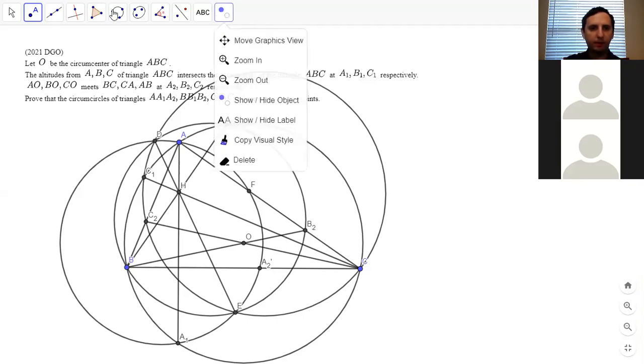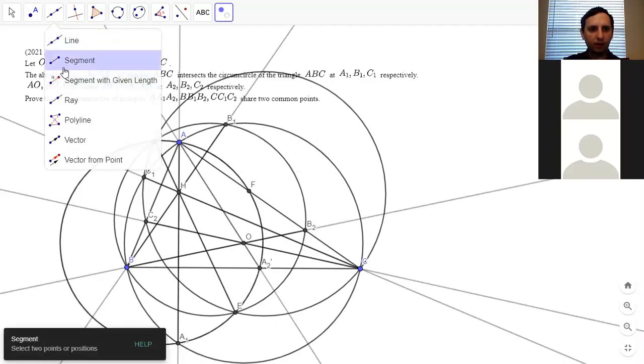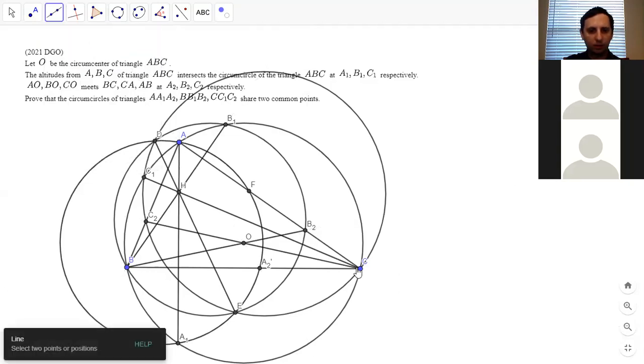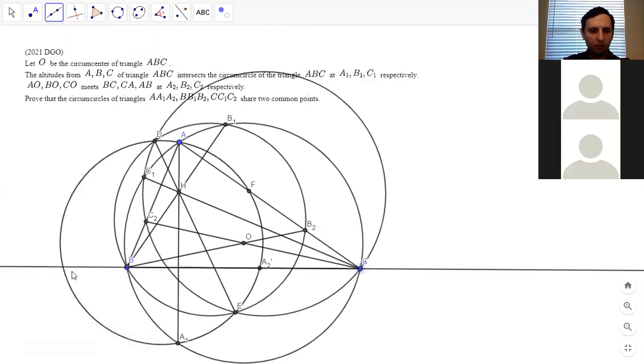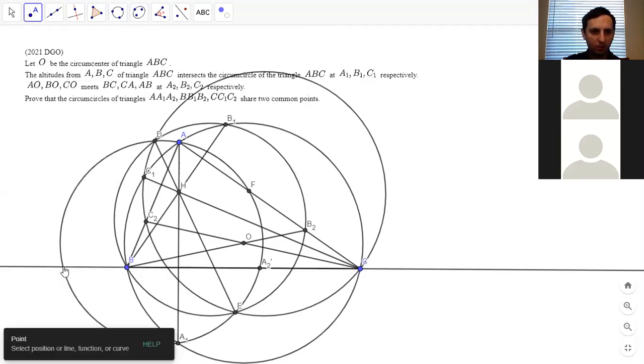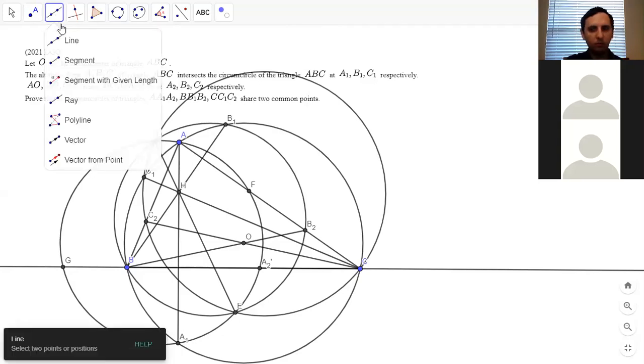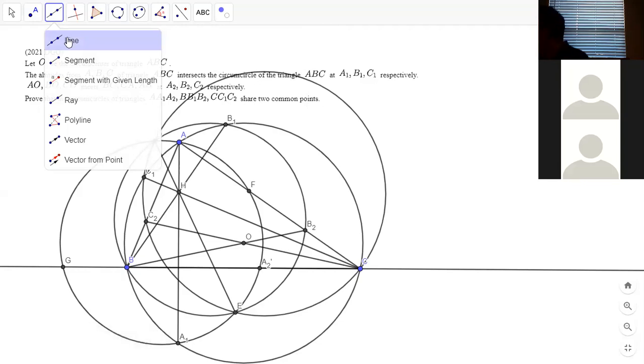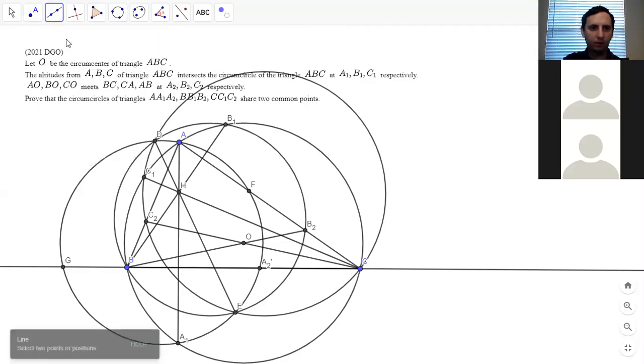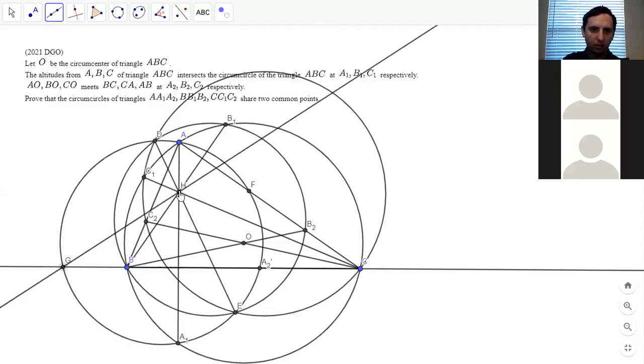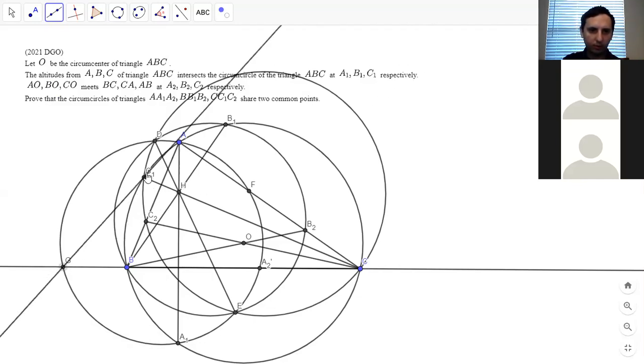Maybe we should let BC intersect this circle, the point. I don't know if there's something special about that point. Hold on a second, guys. Let's see. No, I don't think there's anything that special about them.